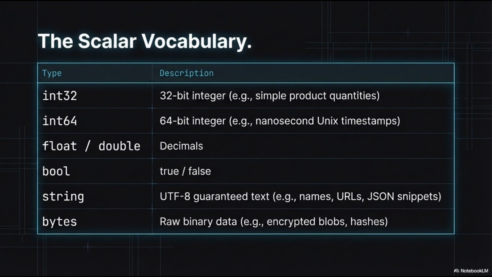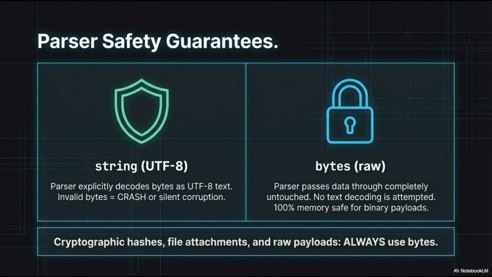That is a really critical distinction, and it's based entirely on parser safety. Because a proto string is explicitly guaranteed to be UTF-8 encoded text, the generated code actually relies on that guarantee. So it trusts you completely. Exactly. When the Java or Python deserializer reads a string field off the wire, it immediately attempts to decode those underlying bytes into UTF-8 characters.